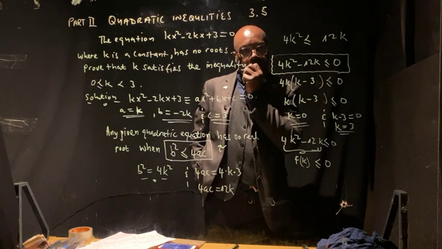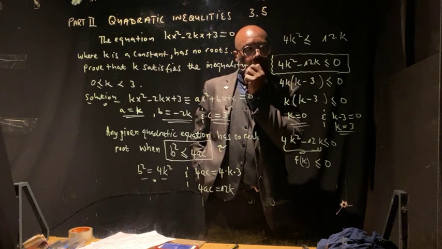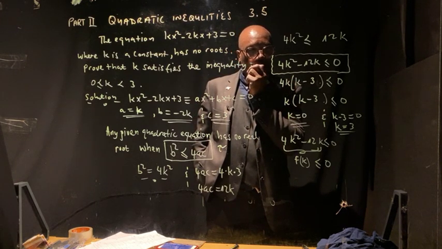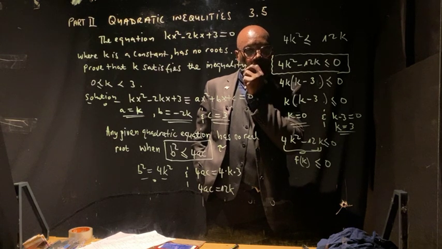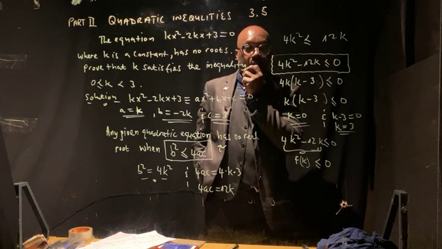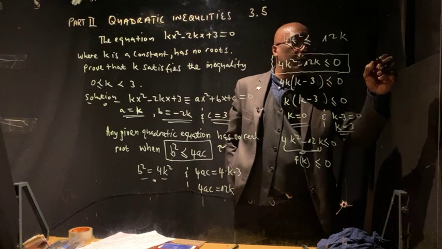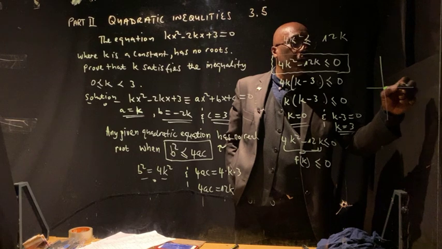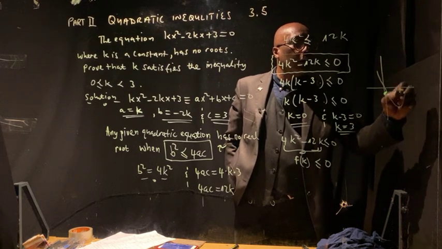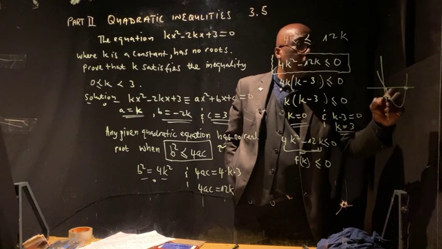Remember that we are trying to sketch the curve. For f of k less than 0, the graph possibly will be like this, and it will be this region that we are going to consider.